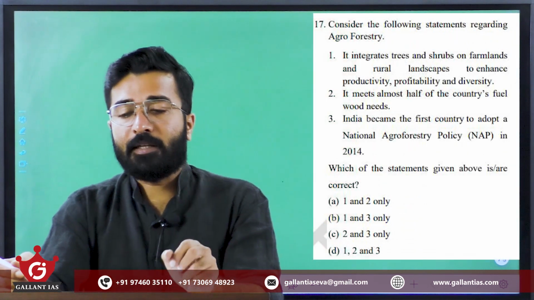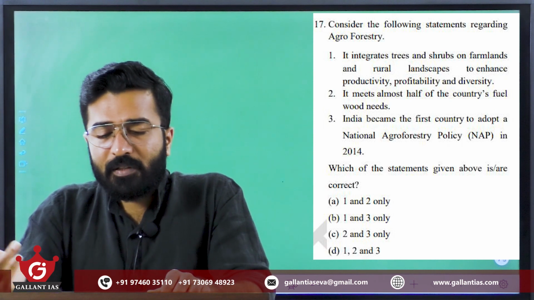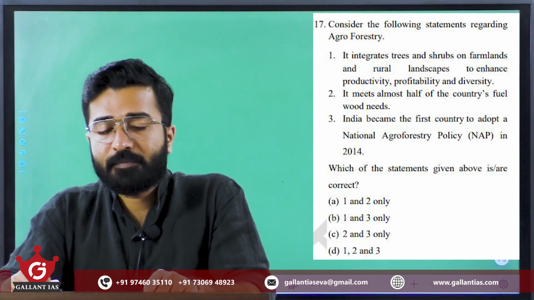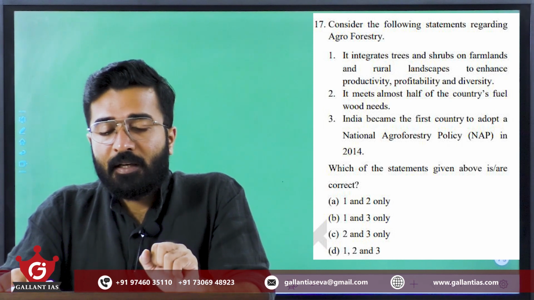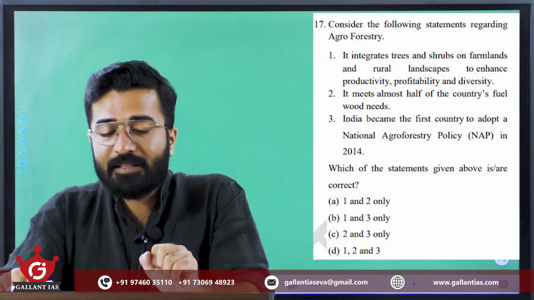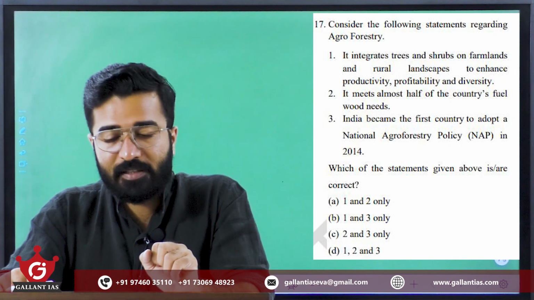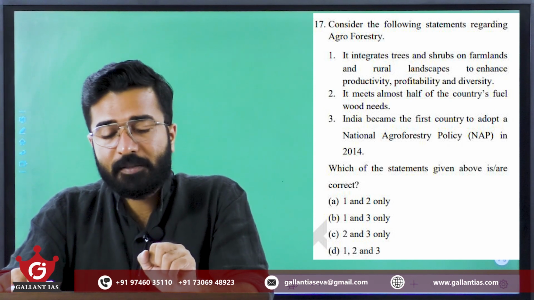Then 17. Consider the following statements regarding agroforestry. Agroforestry means planting of trees and shrubs along with crops, livestock, etc. It integrates trees and shrubs on farmlands and rural landscape to enhance productivity, profitability and diversity. That is true. It meets almost half of the country's fuel wood needs.